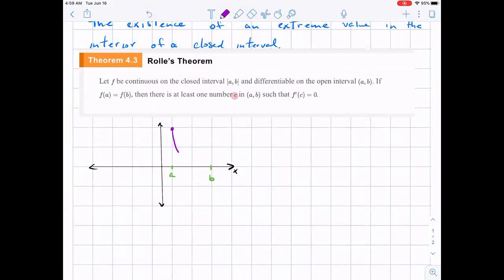It's a closed interval, the interval [a, b], because of the endpoints here.